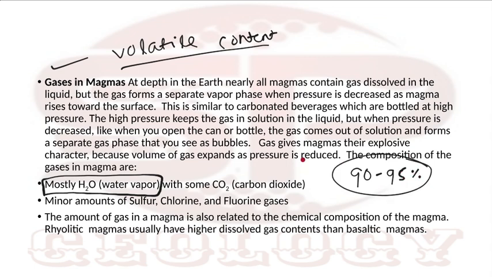Among the volatiles are water vapor, then carbon dioxide, then you'll find sulfur, chlorine, or HCl, SO2, H2SO4. All these will be found in the volatile content of the magma. But mostly it is H2O.